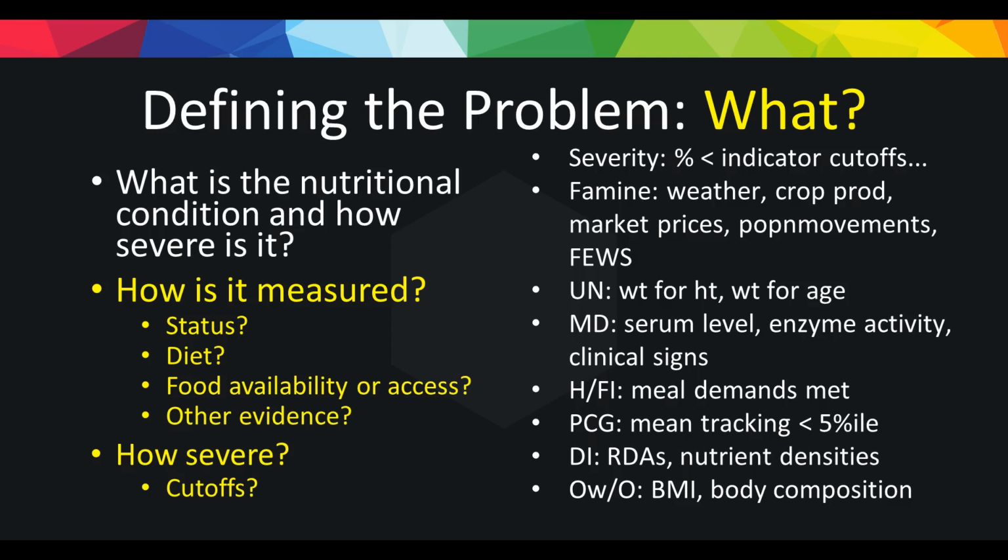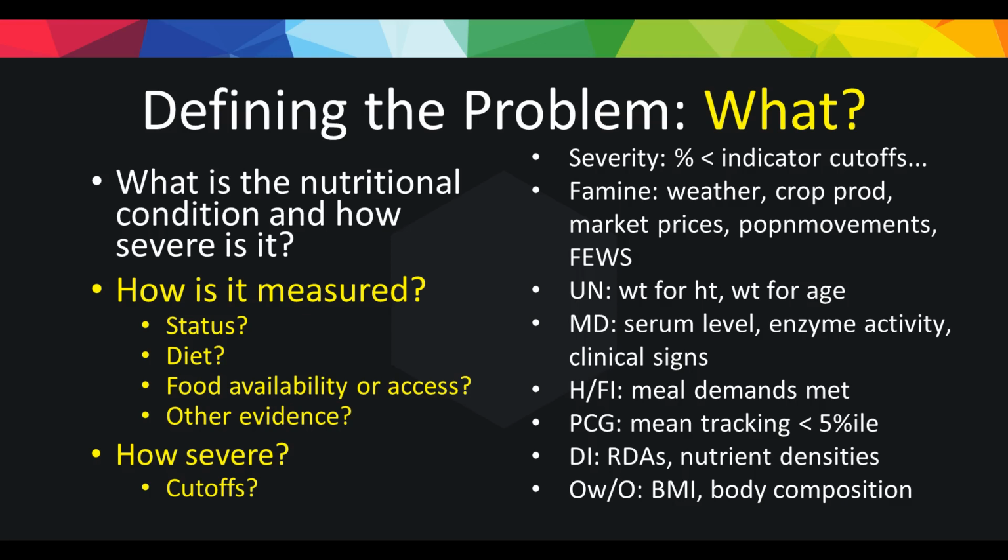Okay, sama ada all the three conditions, whether the children are undernourished, we look at the weight for height, the weight for age, whether the students are stunted or wasted, and also what we call medical determinations, for example, serum level, enzyme activity, and other clinical signs. Okay.